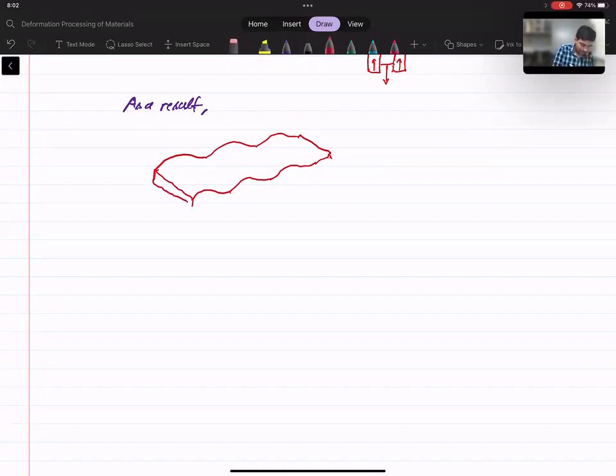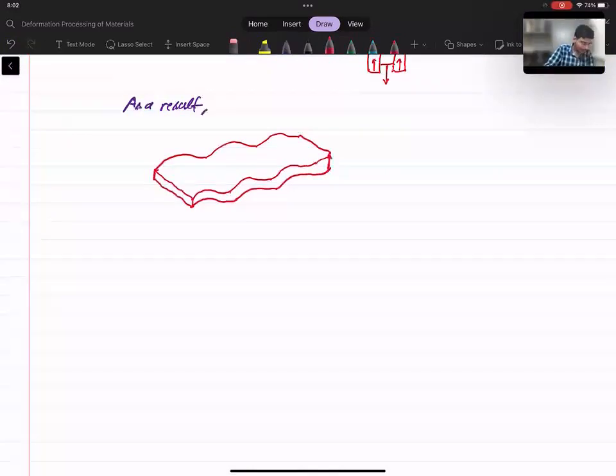Let us say this was the workpiece, so it will be something like this. Some waviness will occur in the material.